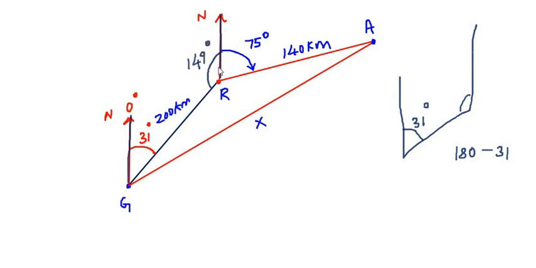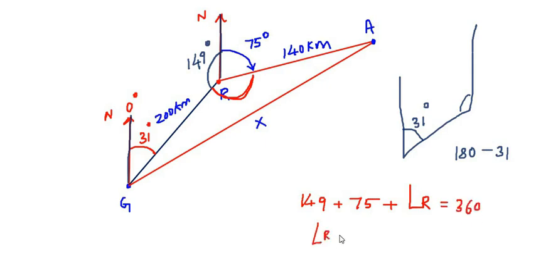Now after this side we have 75 degrees, this side we have 149 degrees, so we can easily find this angle, that is angle R, because they make up a circle that is equal to 360 degrees. So we can write it as 149 plus 75 plus angle R is equal to 360 degrees.